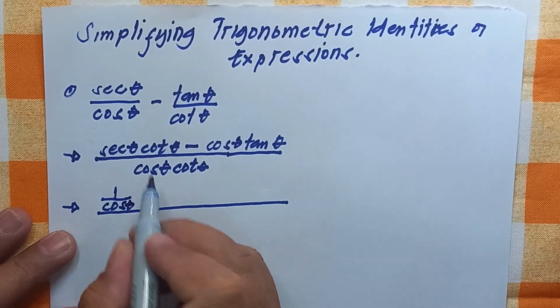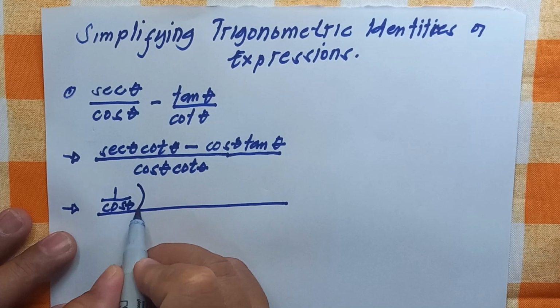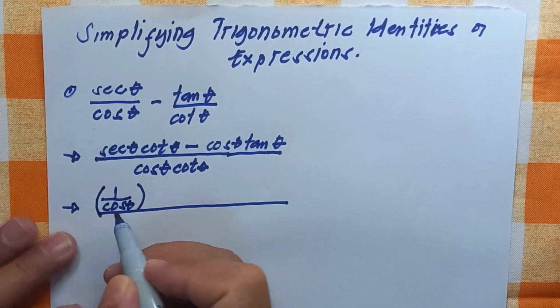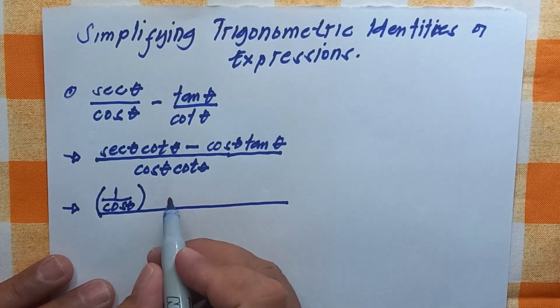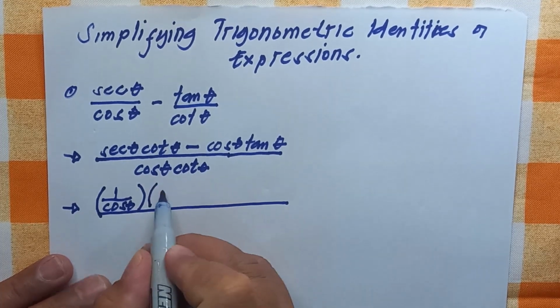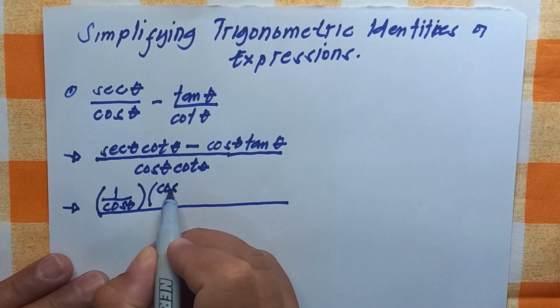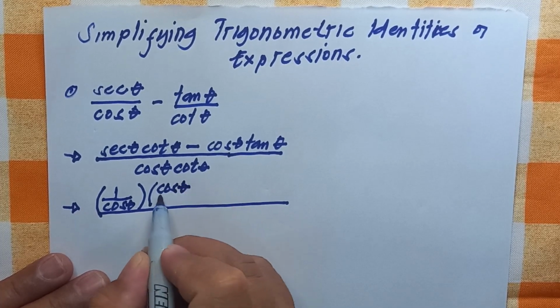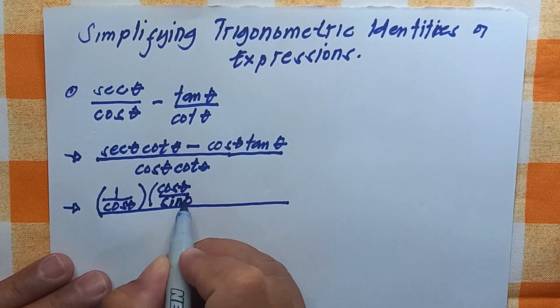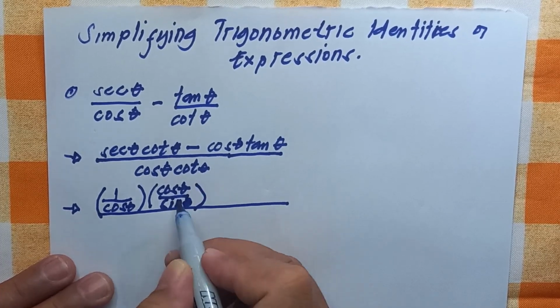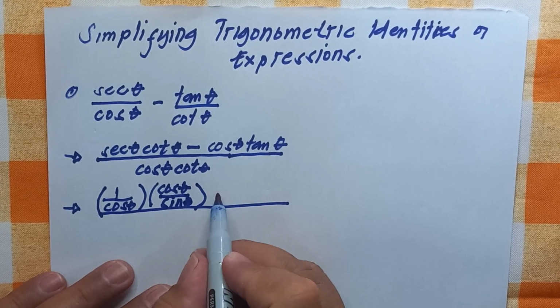So that is multiplication. Now, what about the cotangent? Cotangent theta is the quotient of cosine theta over sine theta.